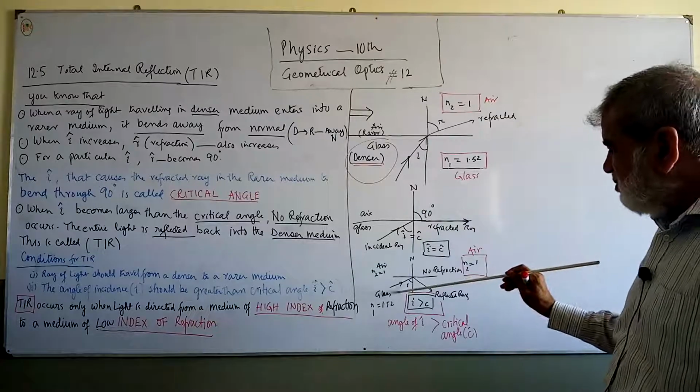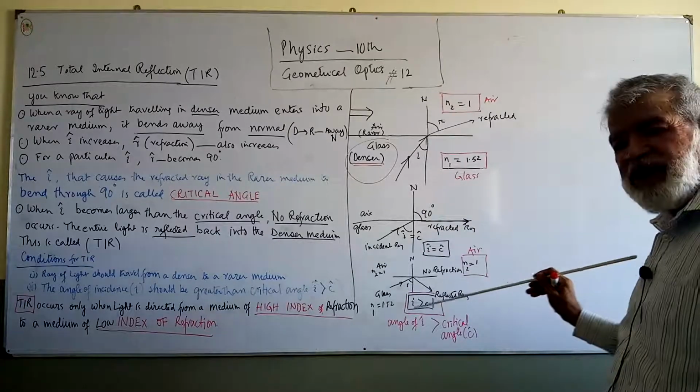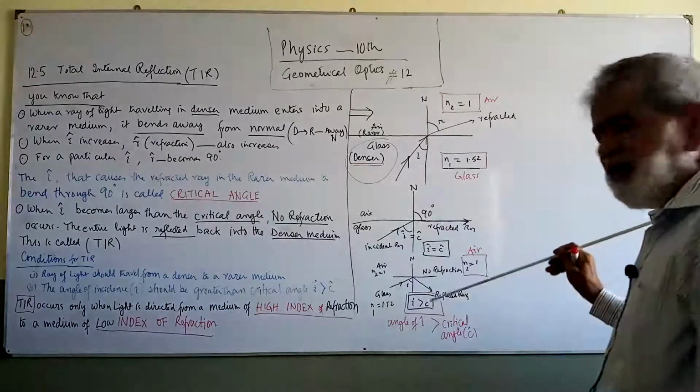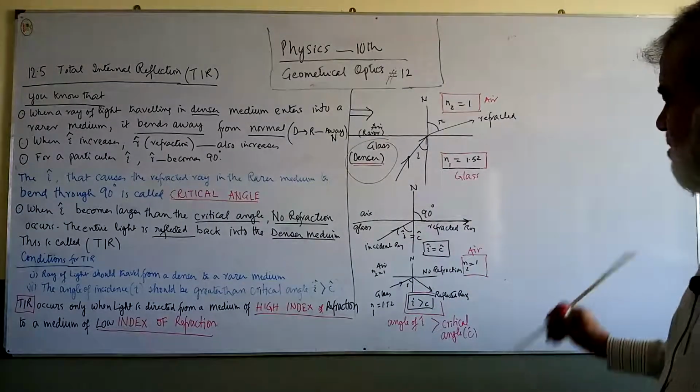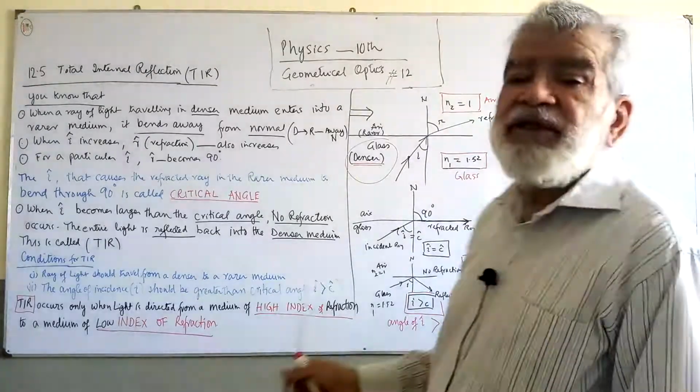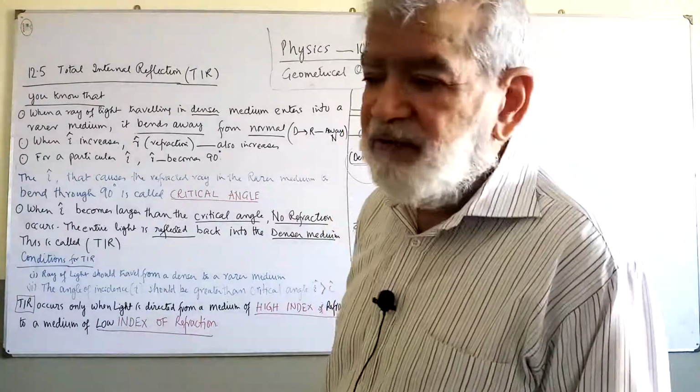This angle of incidence for which the refracted ray does not exist, does not go out, but is turned back to the same medium, is the phenomenon at which total internal reflection occurs.